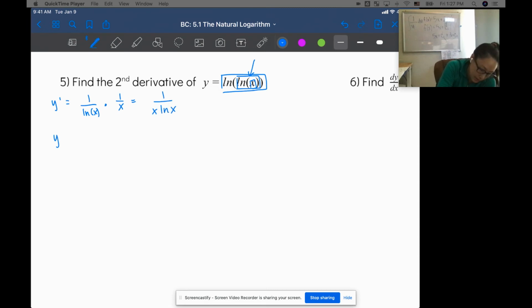All right, let's find the second derivative now. And I notice that I'm going to use quotient rule because I have a division here. You could also use chain rule, but I think I'm going to use quotient rule.